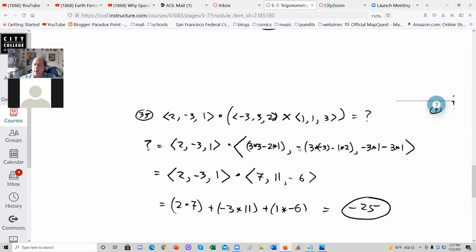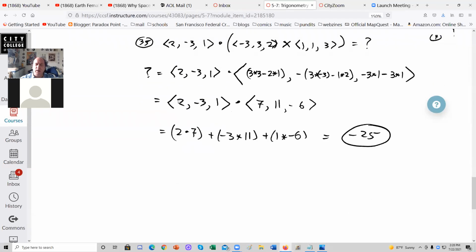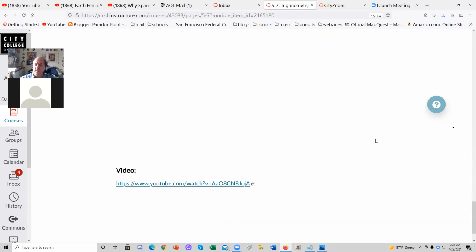For the second component, it's the opposite of 3 times 3 minus 1 times 2. The component for z is negative 3 times 1 minus 3 times 1, which comes out to 7, 11, negative 6. That dotted with 2, negative 3, 1 is 2 times 7 plus negative 3 times 11 plus 1 times negative 6. And after a bit of arithmetic, that's negative 25.